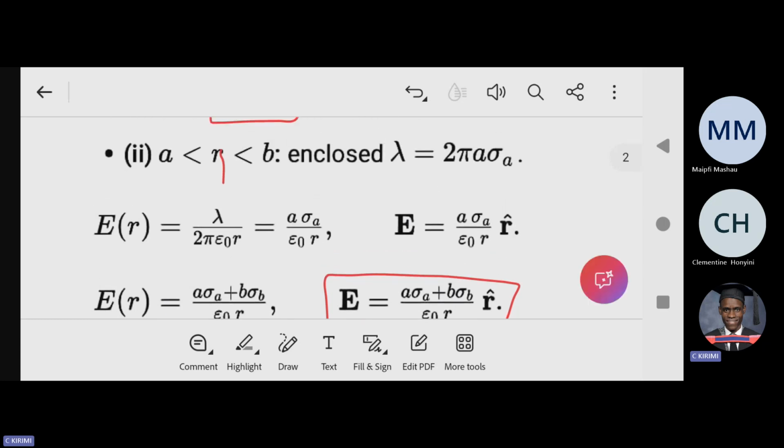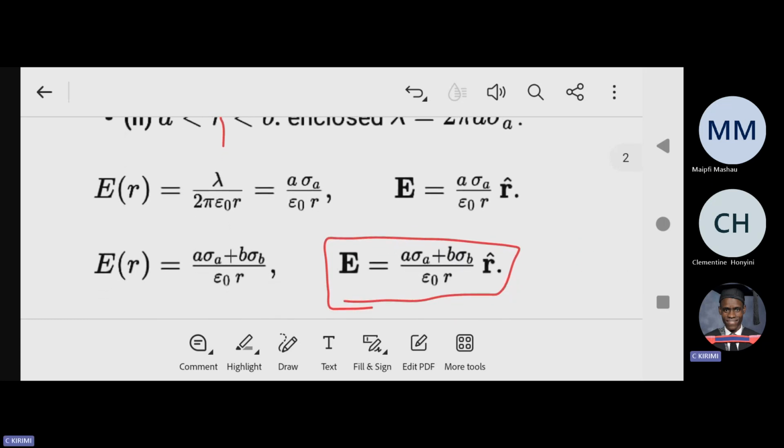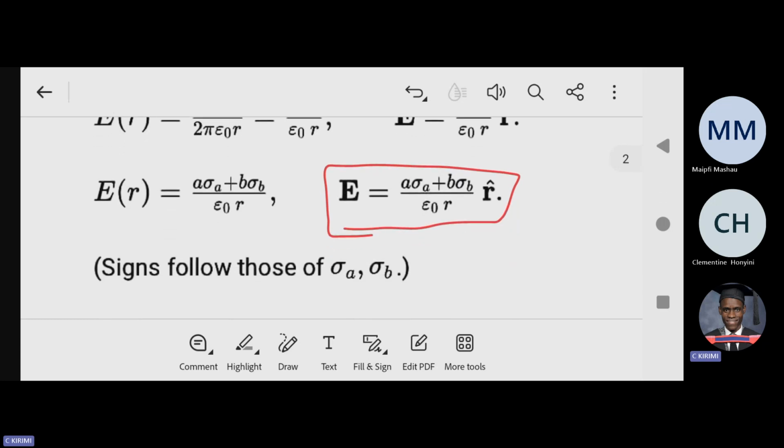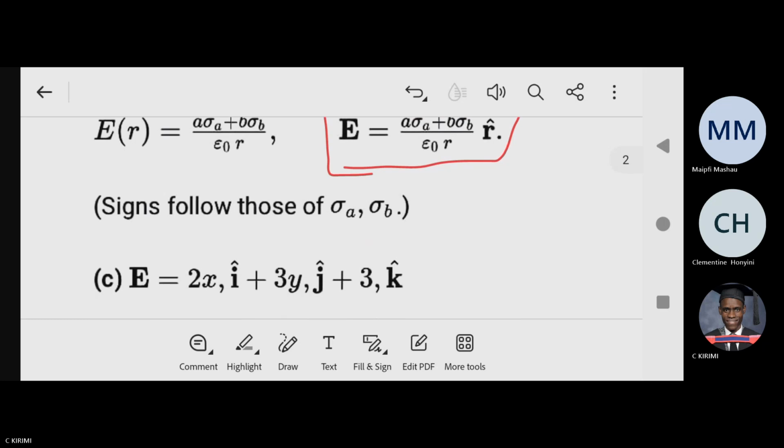The electric field, we added the two sums, so the signs of sigma A and sigma B. Then the one which we are doing now is C, isn't it? For C, what is it saying?